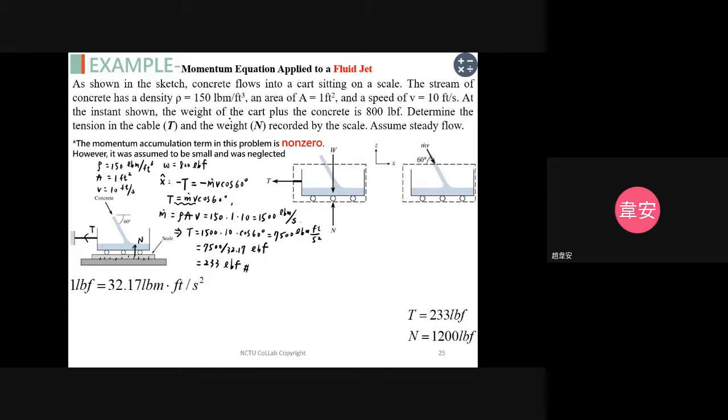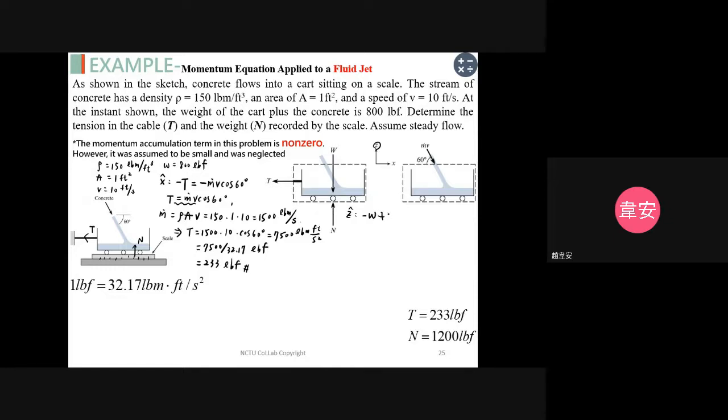We need to know the weight, so we do the force balance along the z direction. For the force in the z direction, we have the weight downward, and the normal force upward, so it is positive.